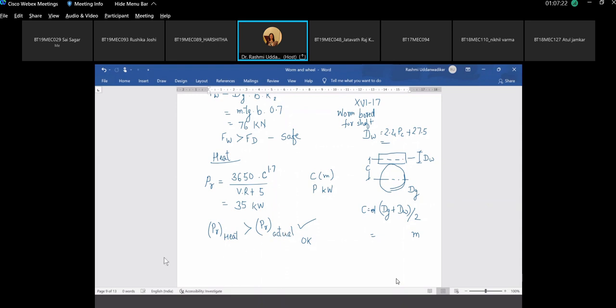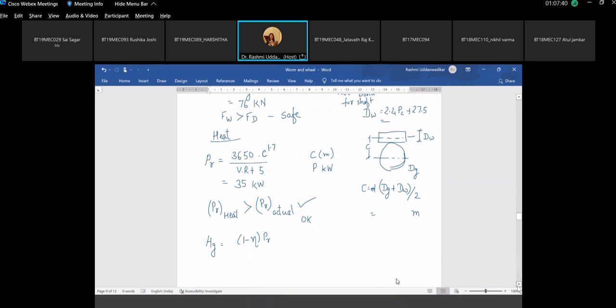So if this is done, quickly give me what is heat generated. This is 1 minus efficiency times the value of PR. Here we are taking the actual value of PR. This was only to check. And for efficiency, we have to use the values of theta, lambda and mu.